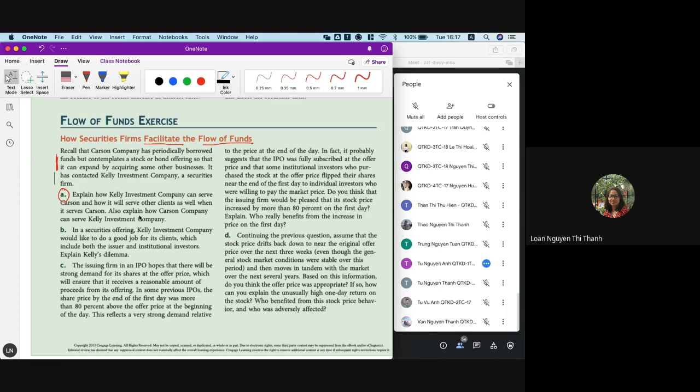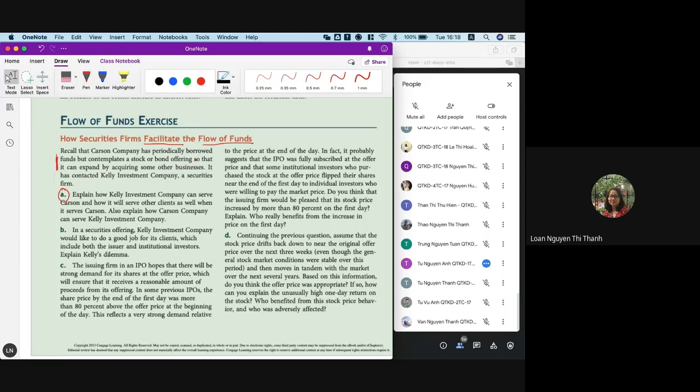You have the demands, you have the needs from the Carson company. You know the needs here. They have the borrowing, you have the long-term funding, borrow funds, but still seeking for a stock or bond offering, a new offering, maybe the stock or the bond, in order to meet the capital needs or to expand the business, acquiring some business.